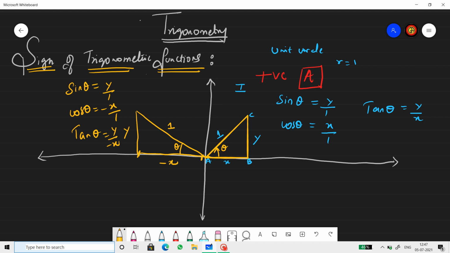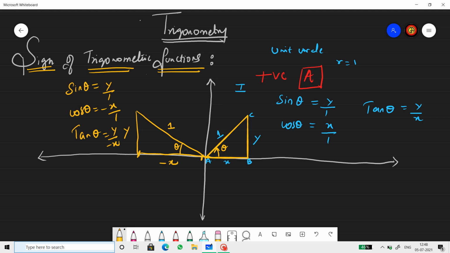If sine is positive, the reciprocal of sine, cosec, will also be positive. Isn't it? If sine theta is y by 1, cosec theta is 1 by y. If cos theta is minus x by 1, sec theta will be 1 by minus x. Likewise, if tan theta is y by minus x, cot theta is minus x by y.